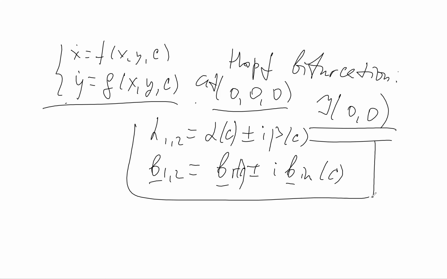Let's consider the linear case first: x dot, y dot equals A times x, y. I will start on one page.